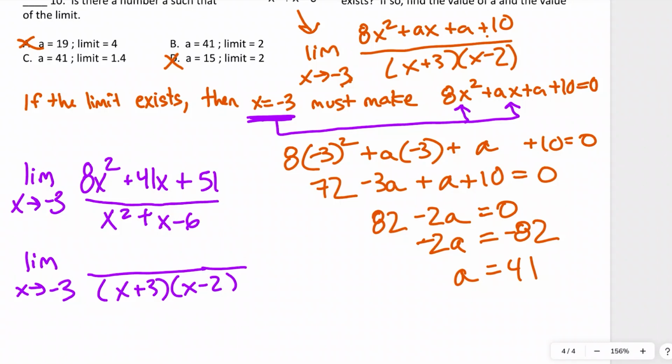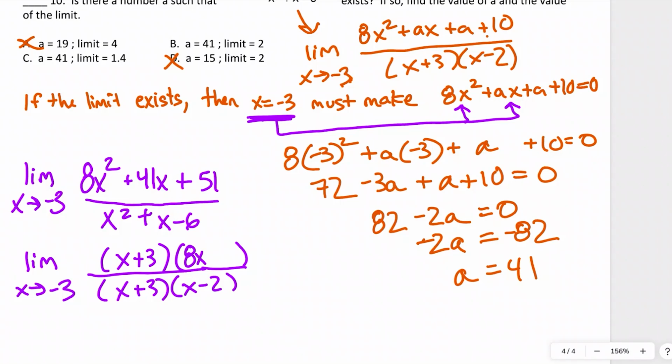Since I know that x plus 3 is what's going to have to cancel out, I'm going to make an educated guess that x plus 3 is one of the factors and work towards getting the other factor to multiply to give me that 8x squared behemoth. So the first term would have to be 8x, because 8x times x is 8x squared. And then 51 divided by 3.